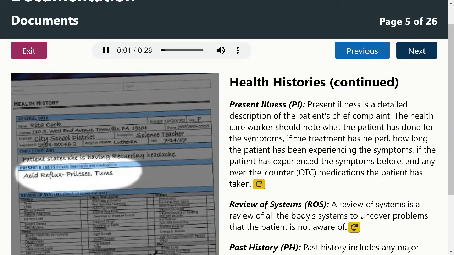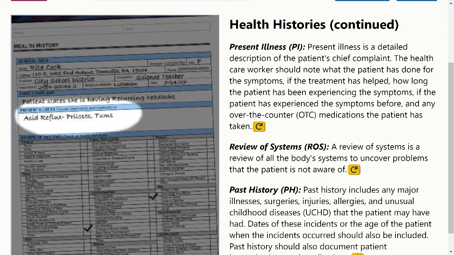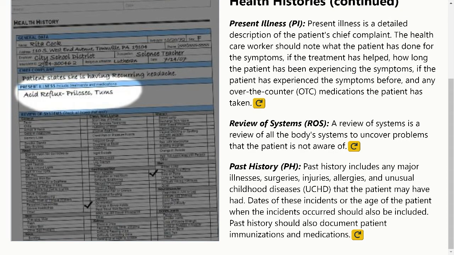Health histories. Alright, so then you have your present illness or your PI. Present illness is a detailed description of the patient's chief complaints. The healthcare worker should note what the patient has done for the symptoms, whether the treatment has helped, how long the patient has been experiencing the symptoms, whether the patient has experienced the symptoms before, and any over-the-counter or OTC medication the patient has taken.